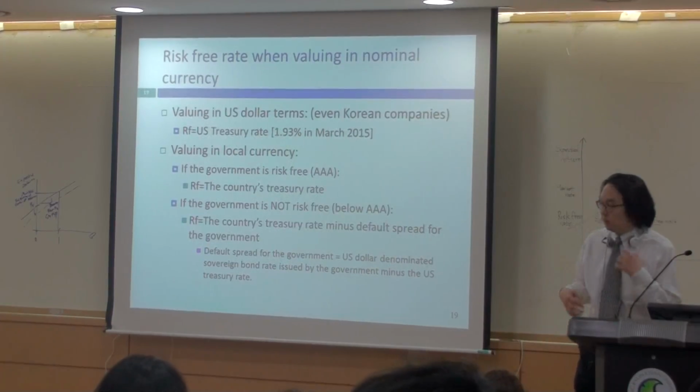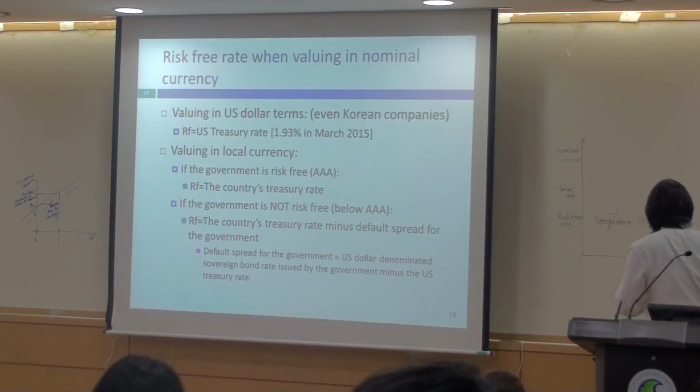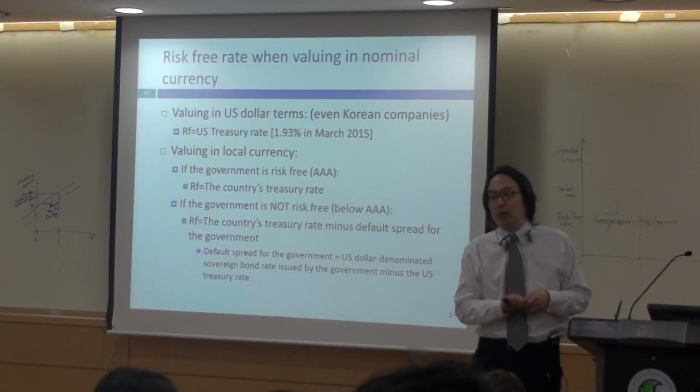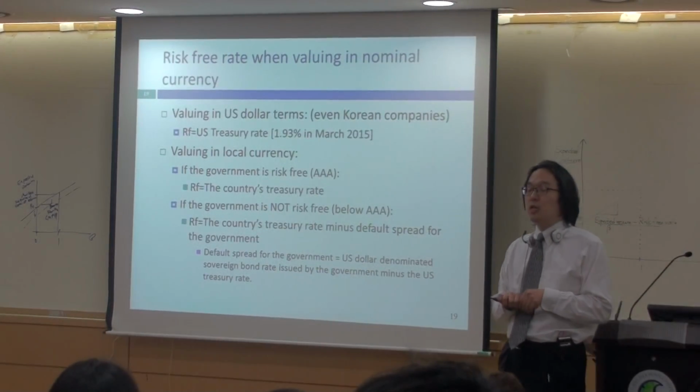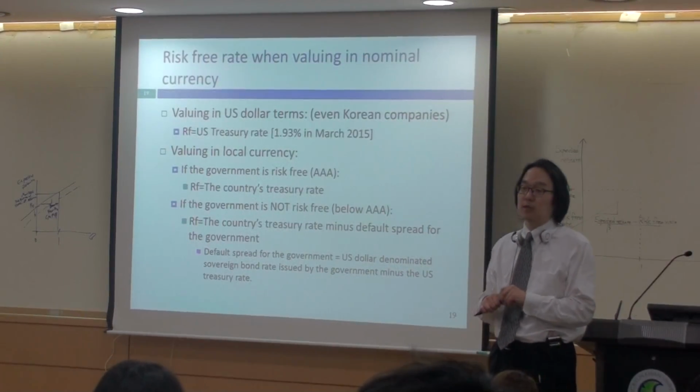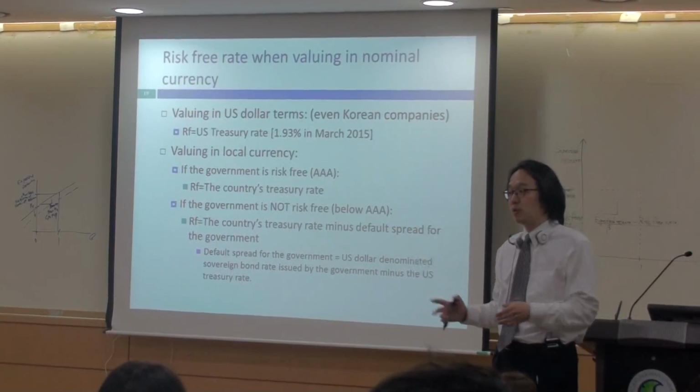Well, taking the Korean government for example, okay? The Korean government goes to the US market, an American exchange, and issues Korean government bonds. We call it a Yankee bond because it's issued and traded in the US market.